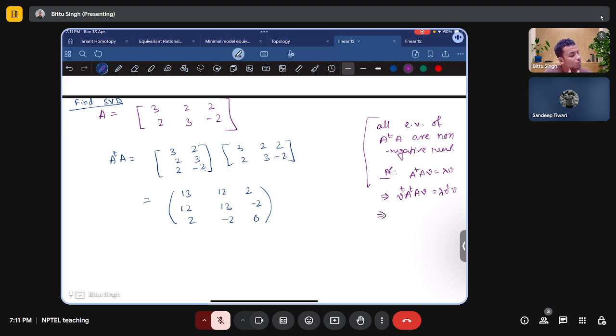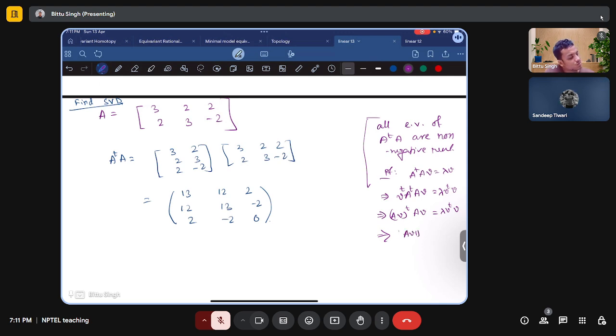So this is actually (AV) transpose times AV equals lambda V transpose V. But (AV) transpose AV is the inner product of AV with itself, by definition.